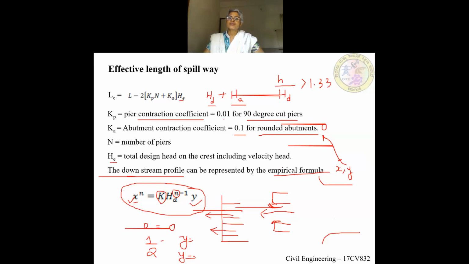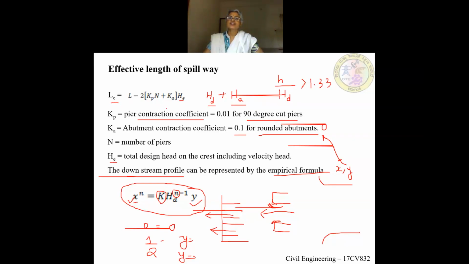So a value of 0.01 is taken for piers with 90 degrees, and 0.1 is taken for abutment contraction, and it is substituted here. N is the number of piers. Therefore, the total length minus this value will give you the effective length.